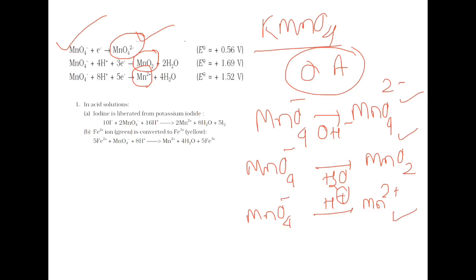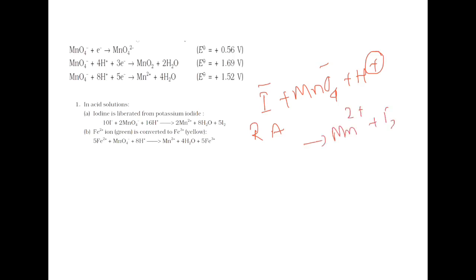Look here. In acid medium, it is converted to Mn2+. For example, iodide acts as a reducing agent and MnO4 minus acts as an oxidizing agent in acidic medium. Permanganate is converted to Mn2+, and iodide is converted to iodine, with water for balance.